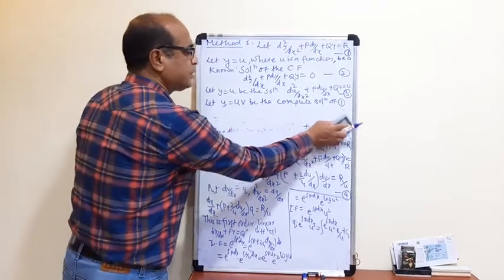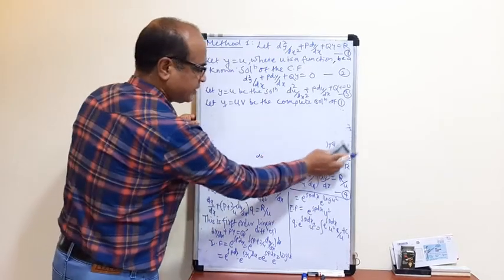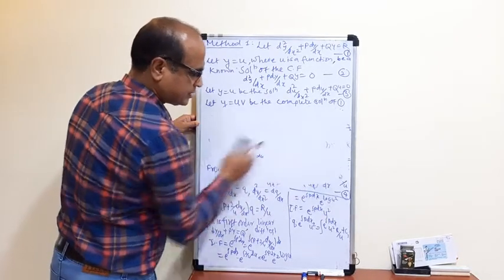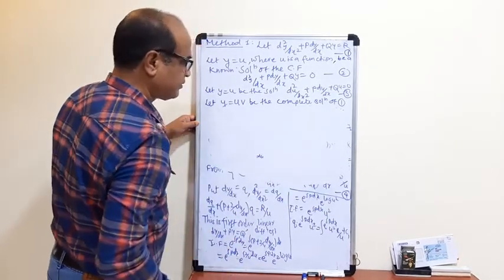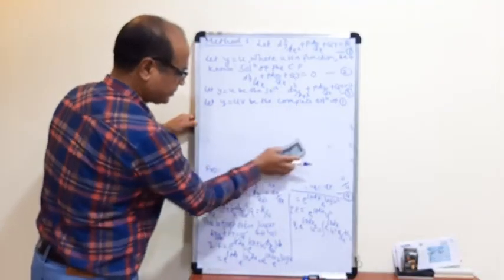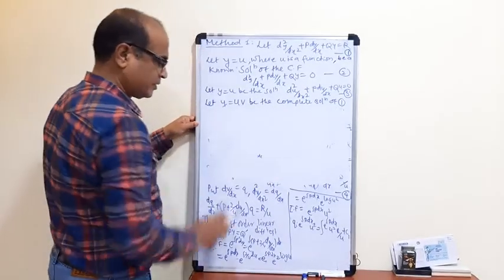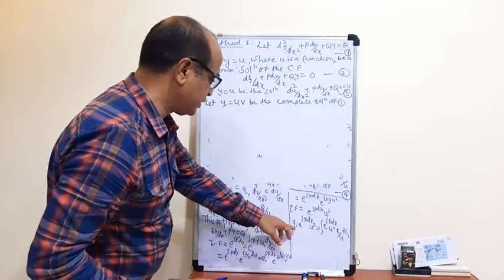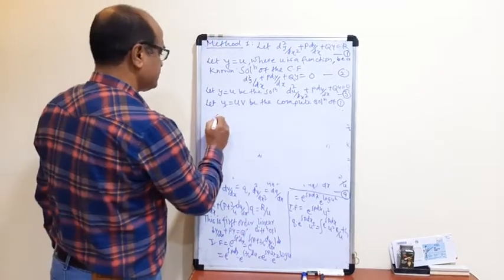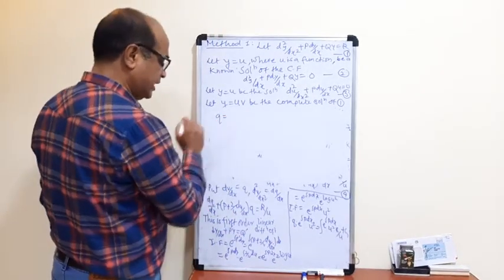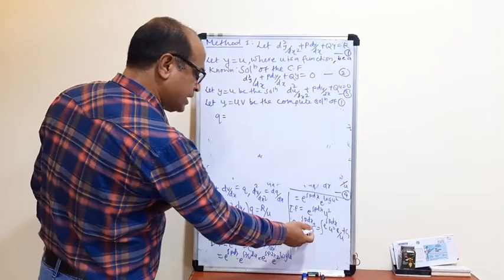So solve this differential equation here. What is the differential equation? This can be written as q, dividing throughout by this.